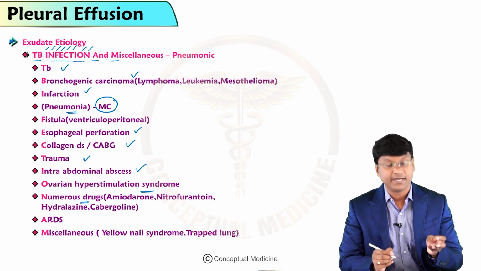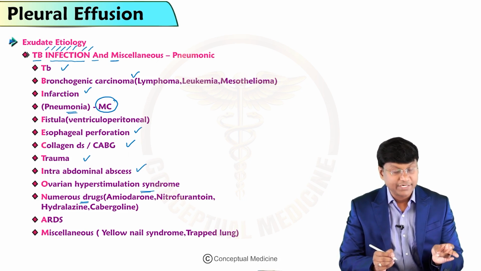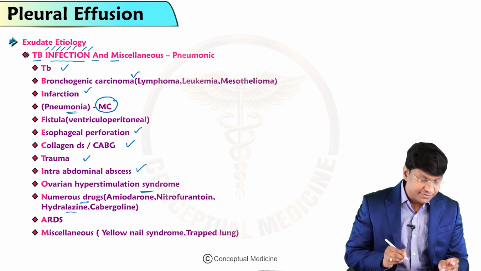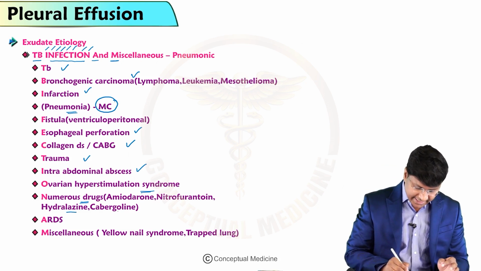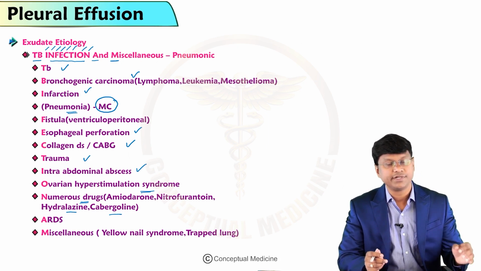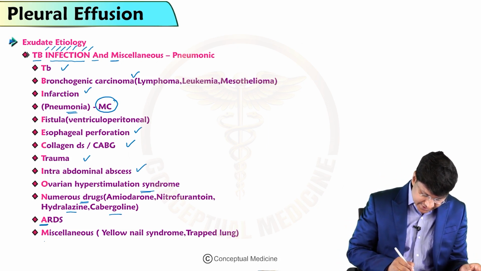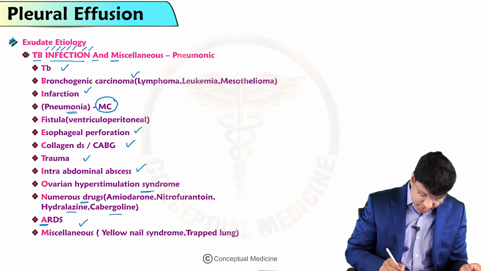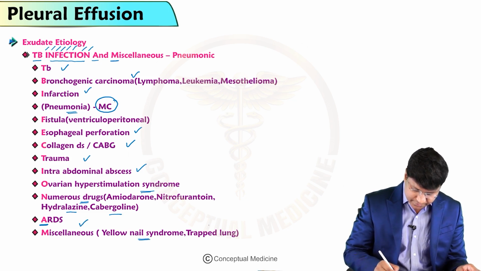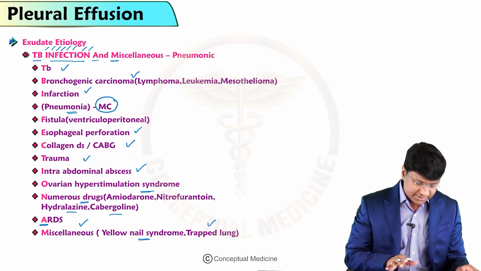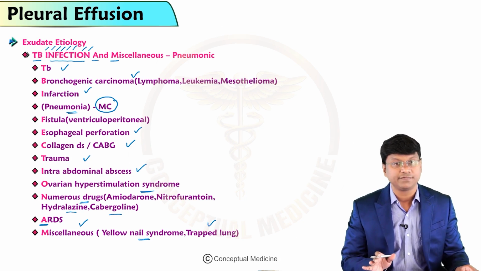And these drugs include amiodarone, which is an antiarrhythmic drug, nitrofurantoin, which is used in the treatment of urinary tract infection, and hydralazine, which is an arteriolar vasodilator. Cabergoline is a dopamine agonist used in the treatment of prolactinoma. And A stands for ARDS. M is your miscellaneous cause that includes the yellow nail syndrome as well as the trapped lung. So these are the etiologies that contribute to the development of the exudative type of pleural effusion.